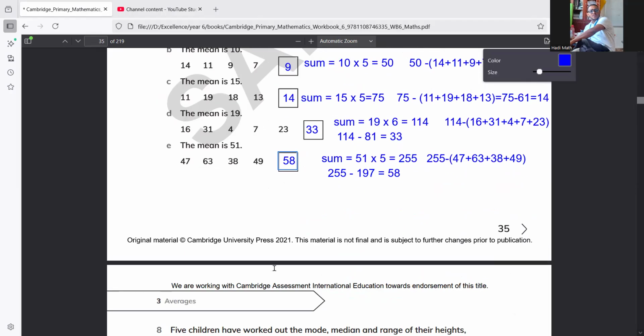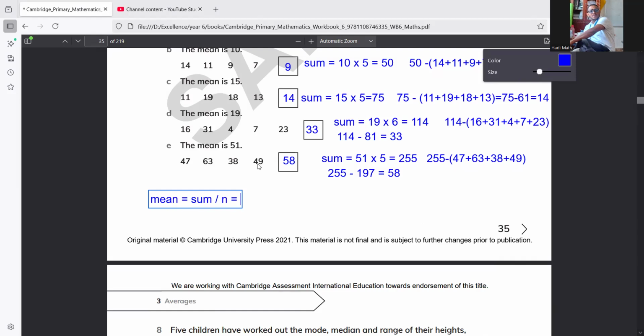I just did this one. I want to make sure of my answer. I'll go and find the mean. Mean is equal to the sum divided by their number. Go and add them. 110 and 38 equal 148.